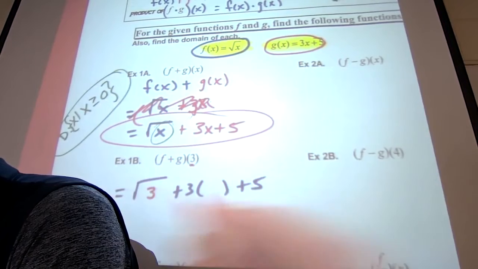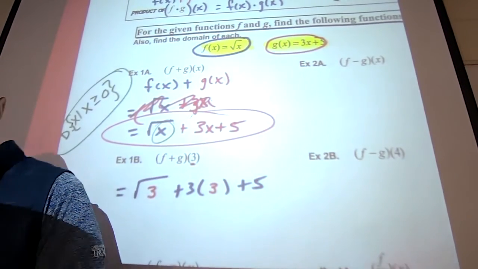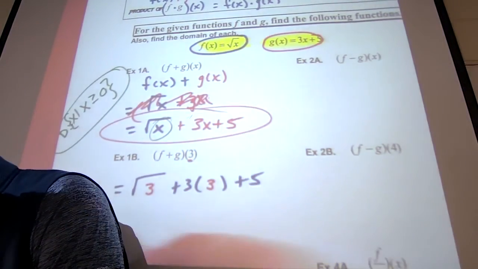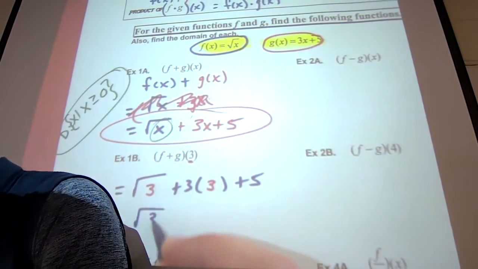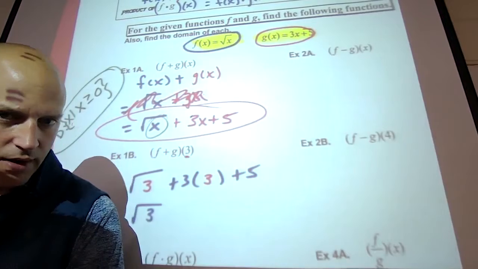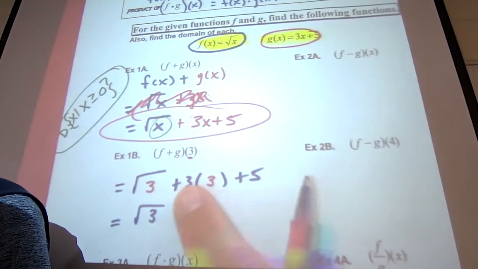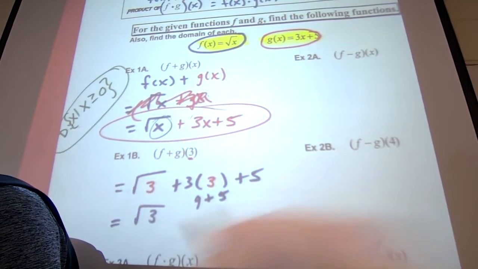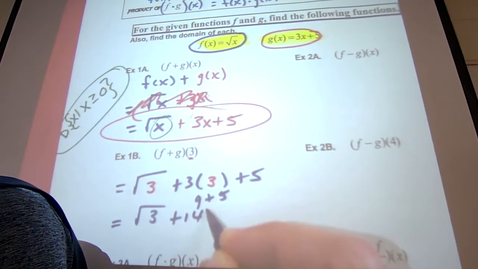So that value is a 3, I'm going to plug in 3. And then we simplify. Square root of 3 is the square root of 3. That doesn't simplify at all. And then 3 times 3 is 9, right? Plus 5 is 14.